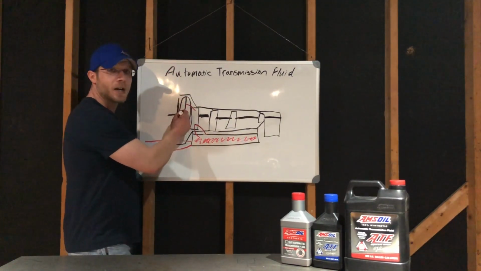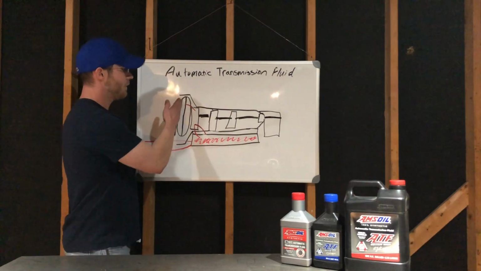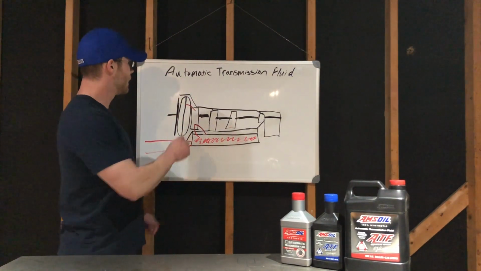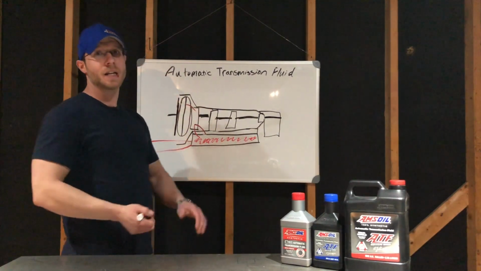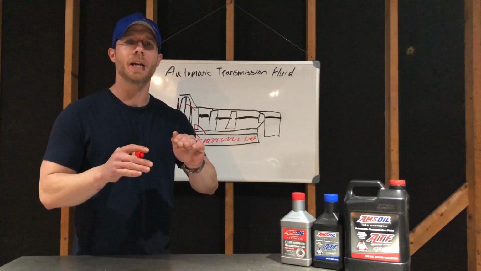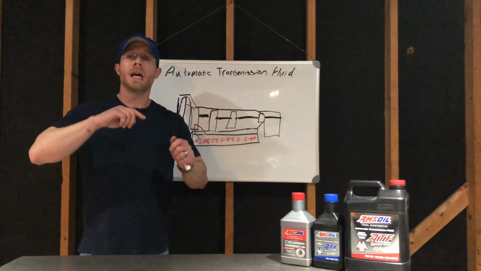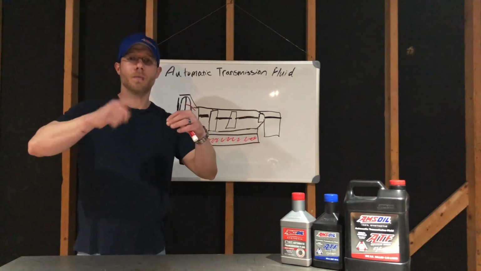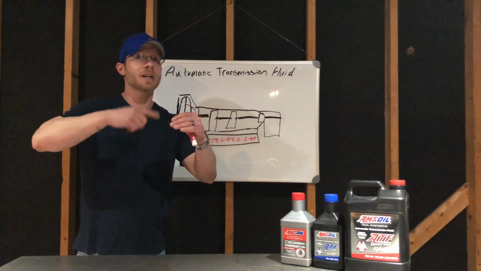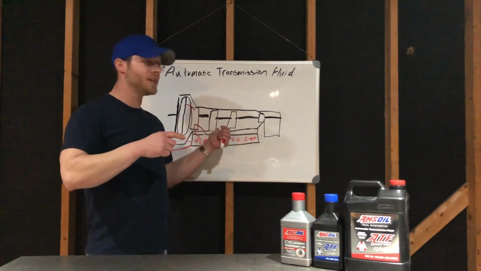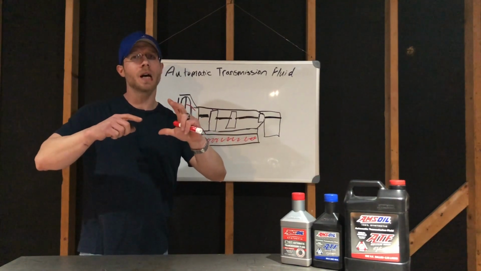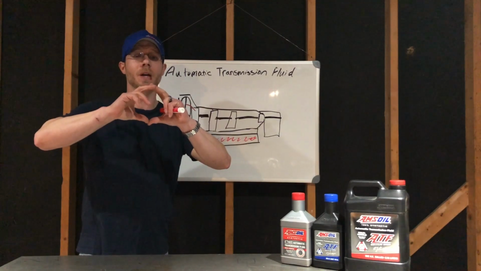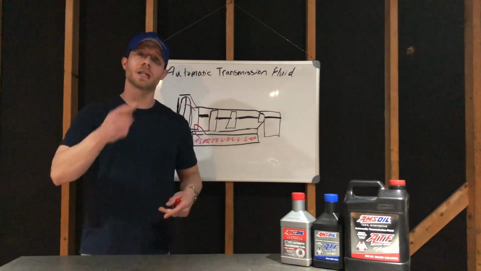So the fluid starts out here in the torque converter. The front half of the torque converter spins with the engine. Then the rear half has a specific amount of fluid in it. And as the front is spinning, and when that engine starts spinning faster and faster, and it's in gear, it's going to overcome the resistance, and the two sides are going to lock together, and it's going to spin the transmission.